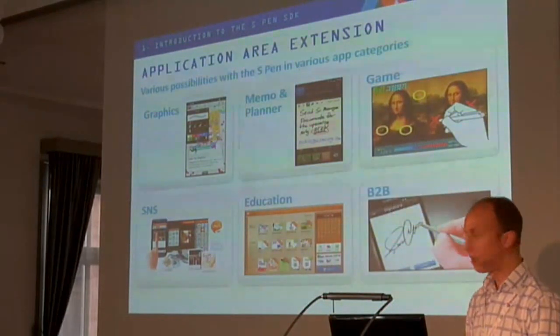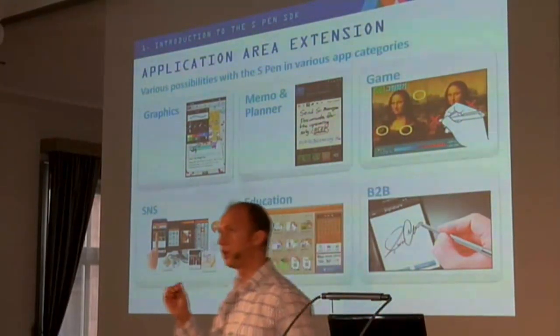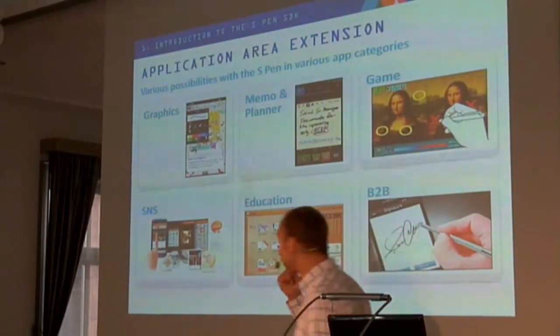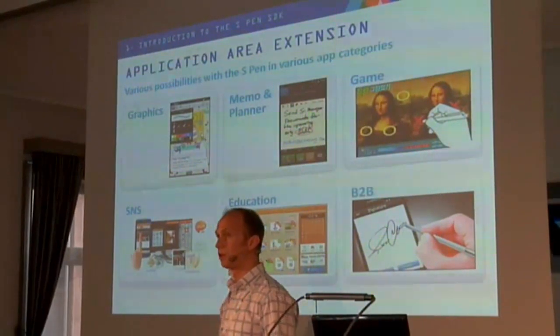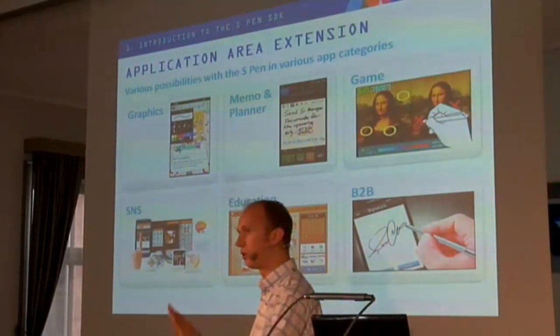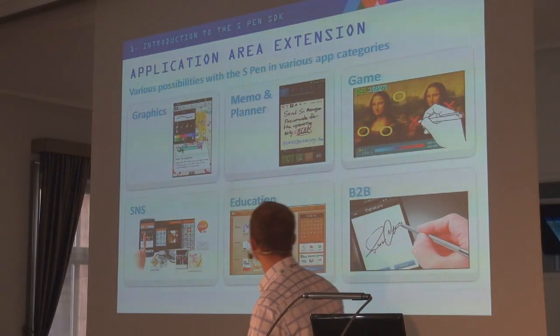Okay. As you can see, we are looking for ideas on how we can use the S Pen SDK. The first thing that we are thinking about is graphics, because the S Pen comes with this canvas that you can put on the screen and just start developing the application.